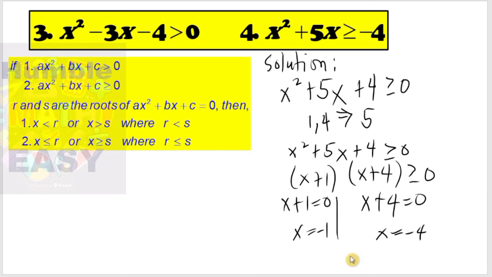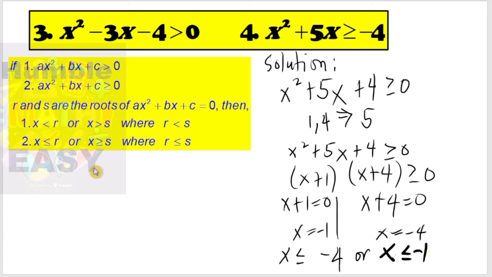So we could say further that we now have two roots, the negative 4 and the negative 1, or just to say negative 4, since negative 4 is the lesser value than negative 1. So we could now say that x is greater than or equal to negative 4, or x is less than or equal to negative 1.